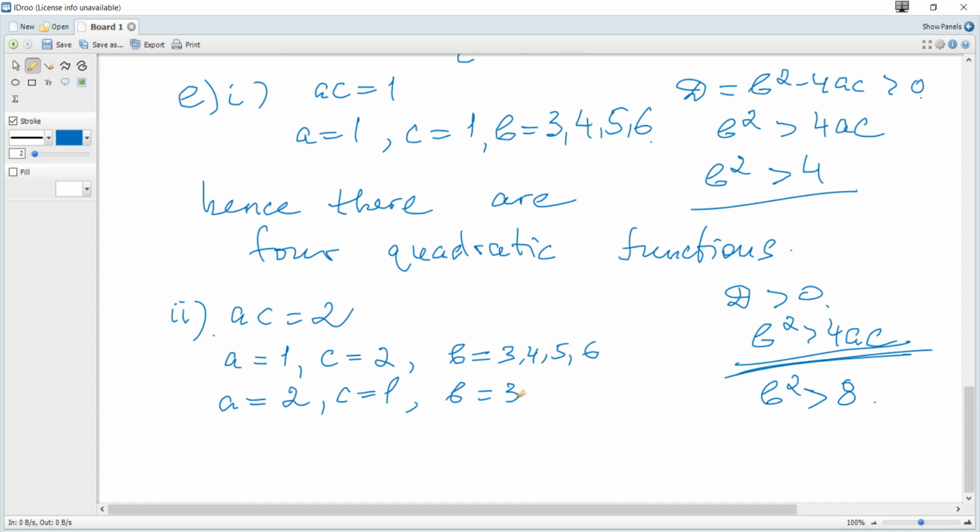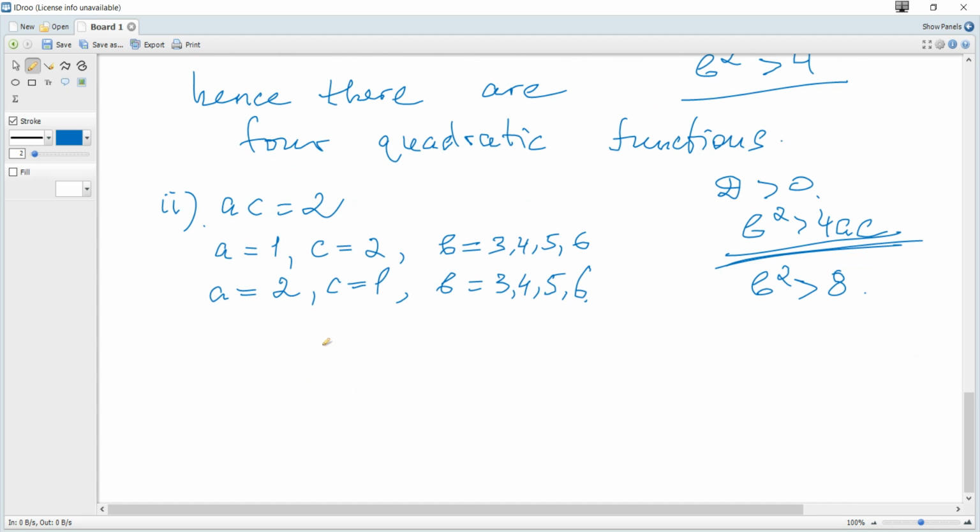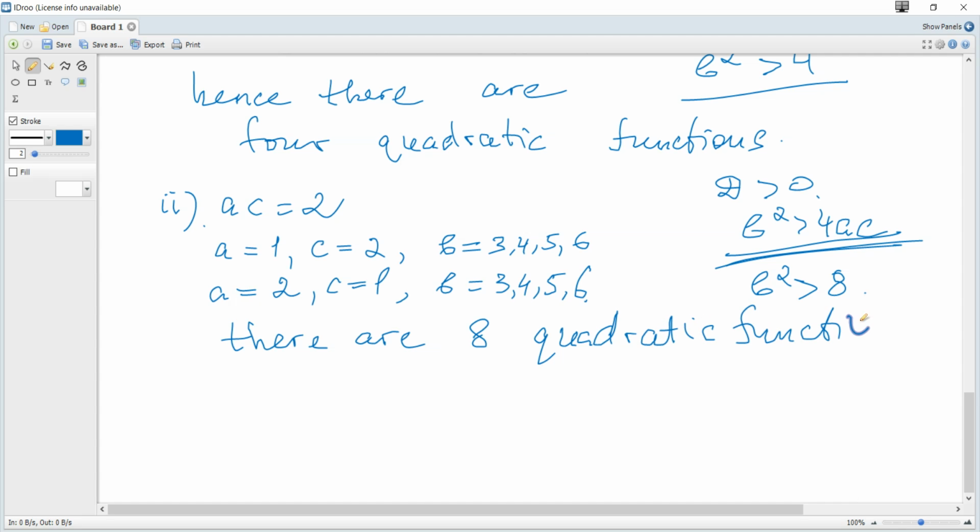So b is 3, 4, 5, and 6. And so we can see that there are 8 combinations and hence 8 quadratic functions.